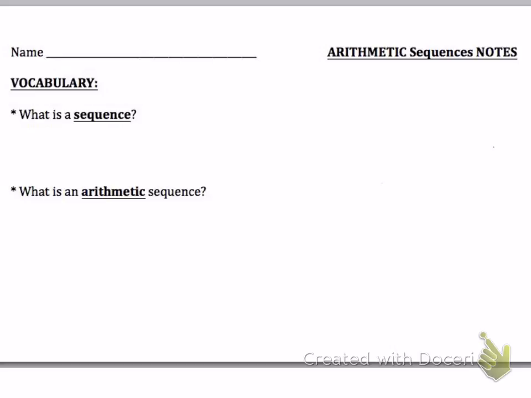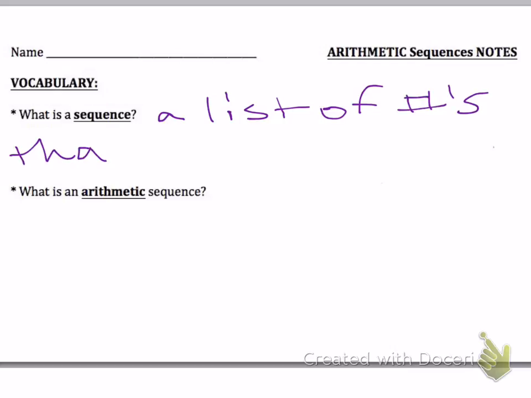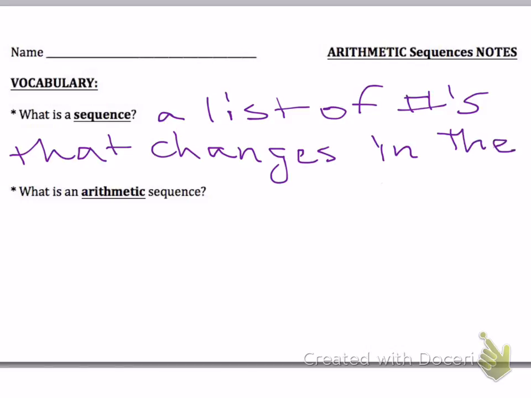So what is a sequence? A sequence is a list of numbers that changes in the same way repeatedly.